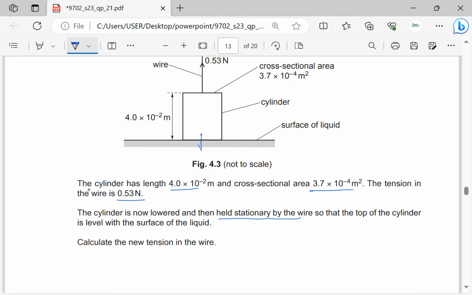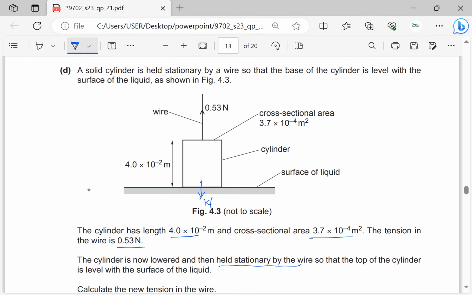So the cylinder must be having a weight. So the cylinder has a weight downwards, which is W. And they said it is lowered and then held stationary by the wire. So it means it is in equilibrium when the weight equals the upthrust plus the tension in the wire.